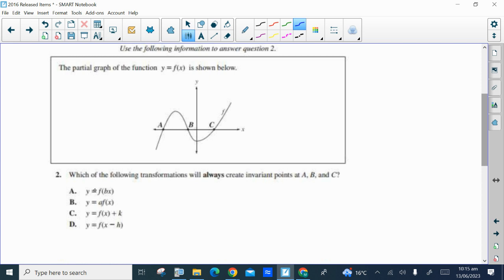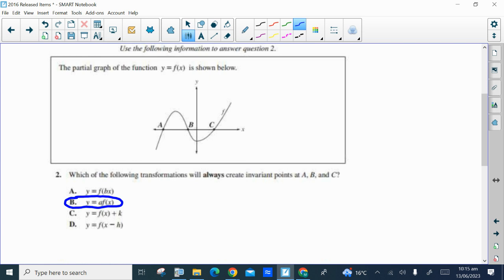So, equation A is a horizontal stretch. That will change the x-intercepts. Equation B is a vertical stretch. So that one will not change the x-intercepts. Okay?